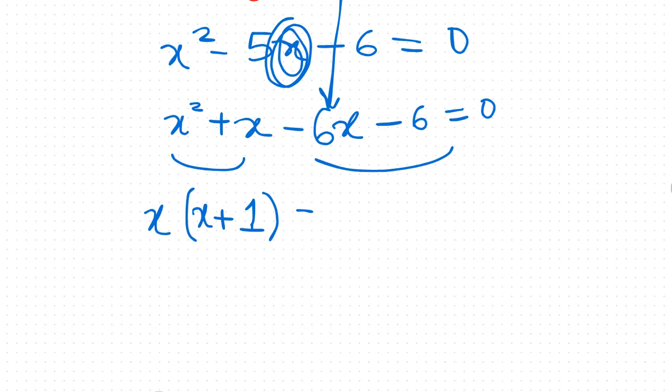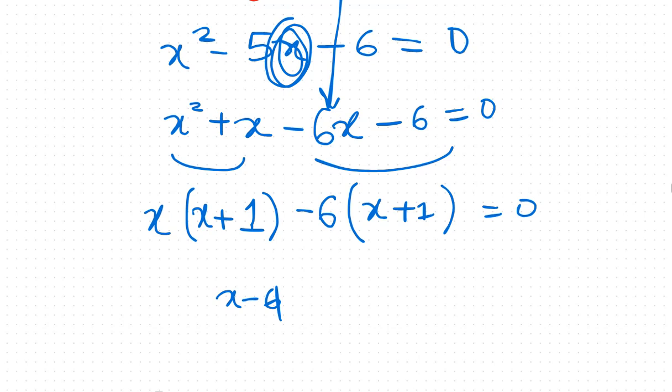In total, you can take out -6. So bracket x plus 1, the hint is you'll get the same thing here. And then x minus 6, and then x plus 1.